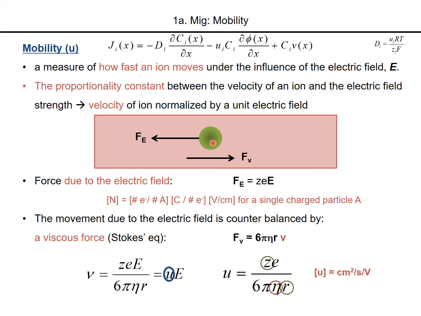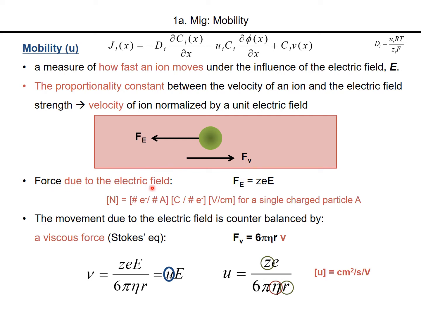It means there is no net force exerted on this charged particle. It means we have two counter-directional forces, and the intensity of the forces should be the same, but the direction is opposite. The left one is the electric field force, and the other one is the viscous force.